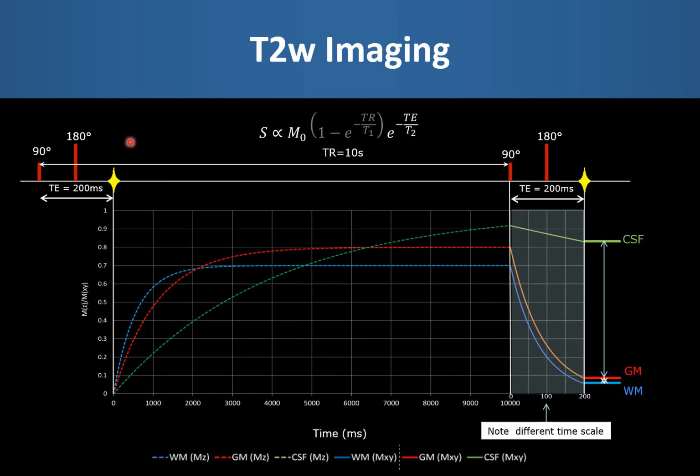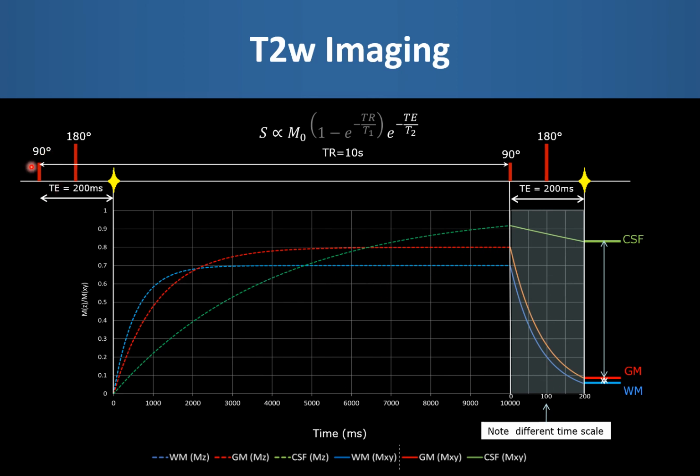Similarly now for T2 weighted imaging, I've reduced the time scale along here to clearly show the T2 decay over 1000 milliseconds, and then I've changed the scale here so you can clearly see the recovery of the magnetization up to 10 seconds, getting back to equilibrium.